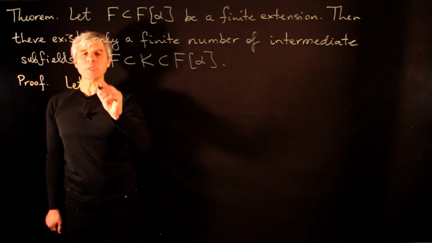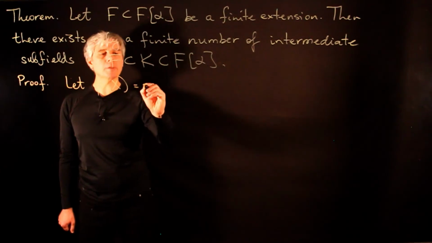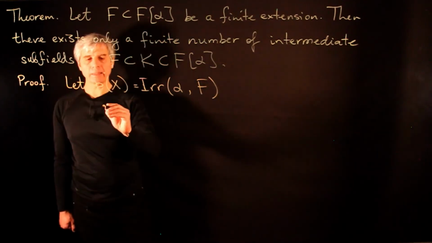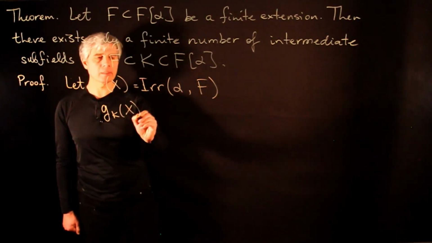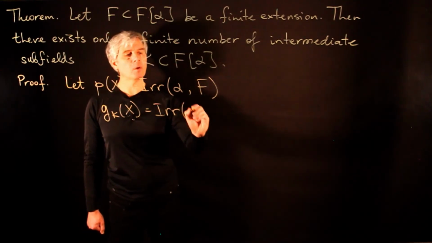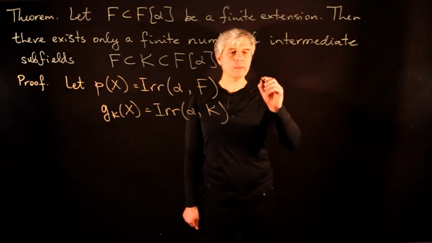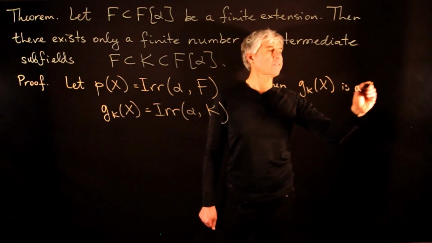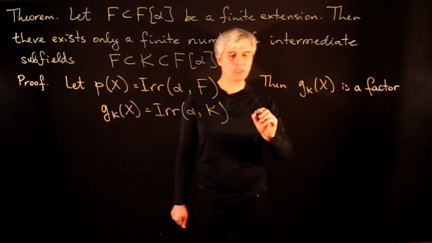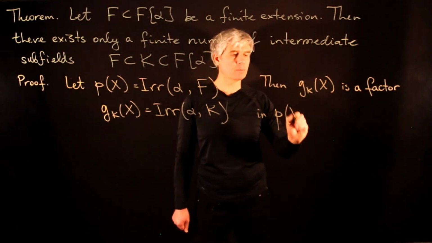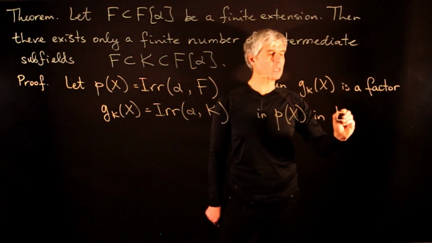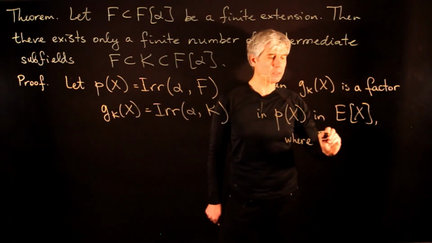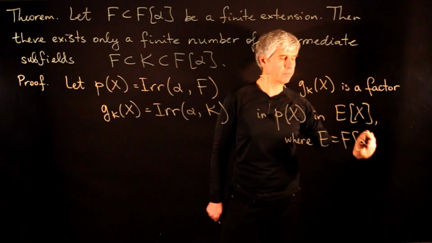Let p(x) be the minimal polynomial of alpha over F, and let g_K(x) be the minimal polynomial of alpha over K. Then g_K(x) is a factor of p(x) in the ring E[x], where we denote by E our field extension F(alpha).